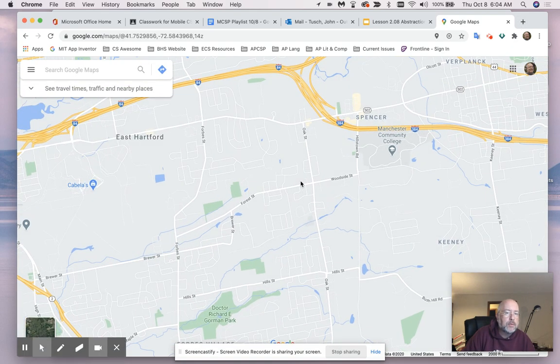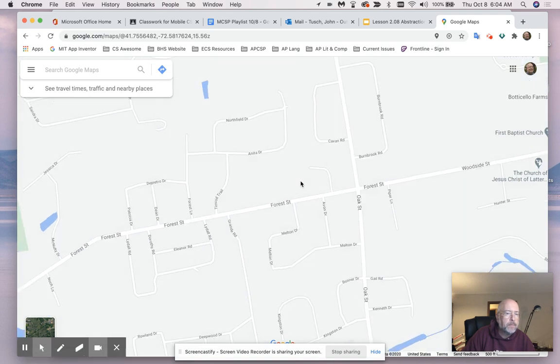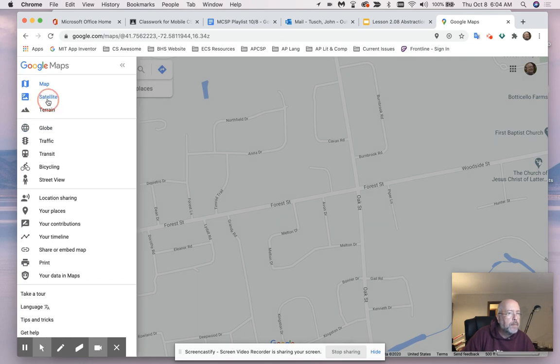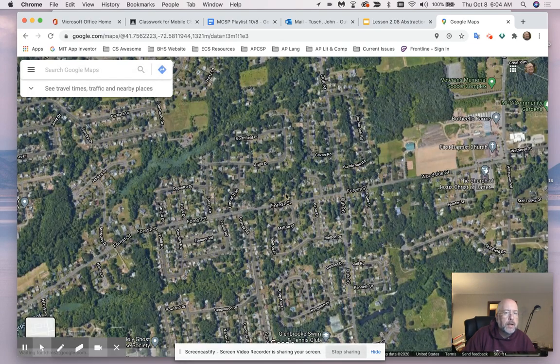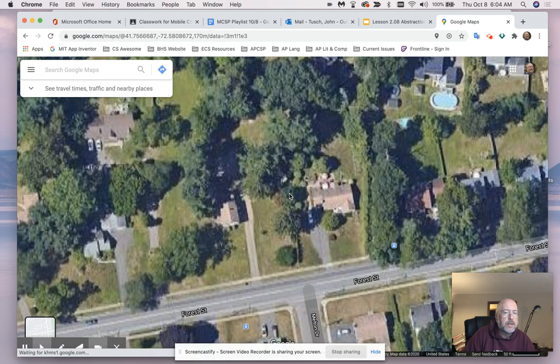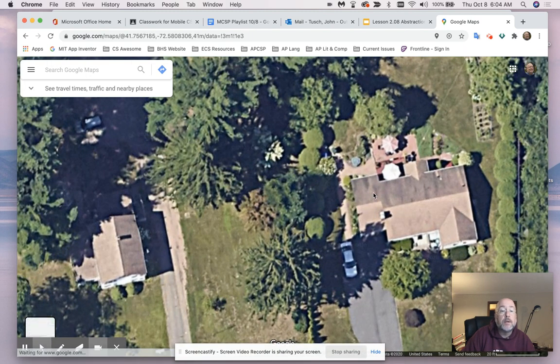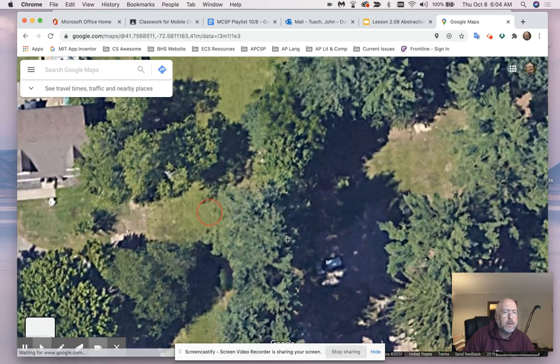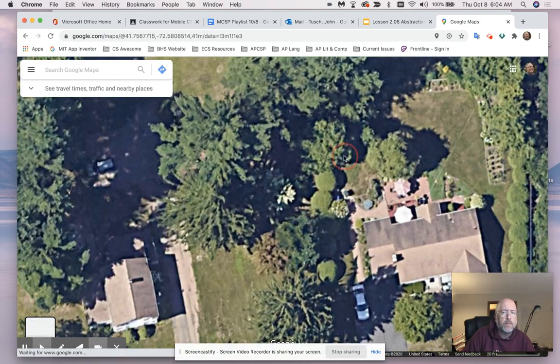Now, I can get less abstract by zooming in, right? But then there's other ways of looking at this, and that's one of the popular things about it. When you go to satellite, now I can drill down, and this is a little bit less abstract because that is my neighborhood. That's actually some of my neighbors, and no, is that my apartment building? I think my apartment building's in here somewhere. I don't know. Some of these people are my neighbors.